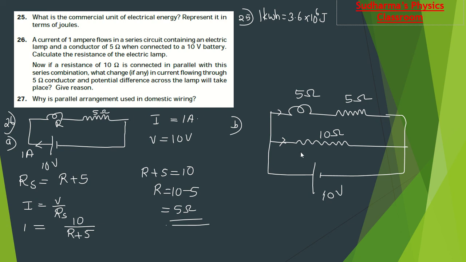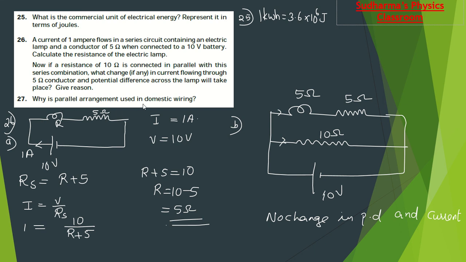So there will not be any change in potential difference and current, because it is the same. See, 5 and 5 connected in series makes 10 ohm. Another 10 ohm is connected in parallel. So there is no change going to happen in the potential difference across the lamp and the current through the 5 ohm resistor. Okay, now coming to the 27th question.